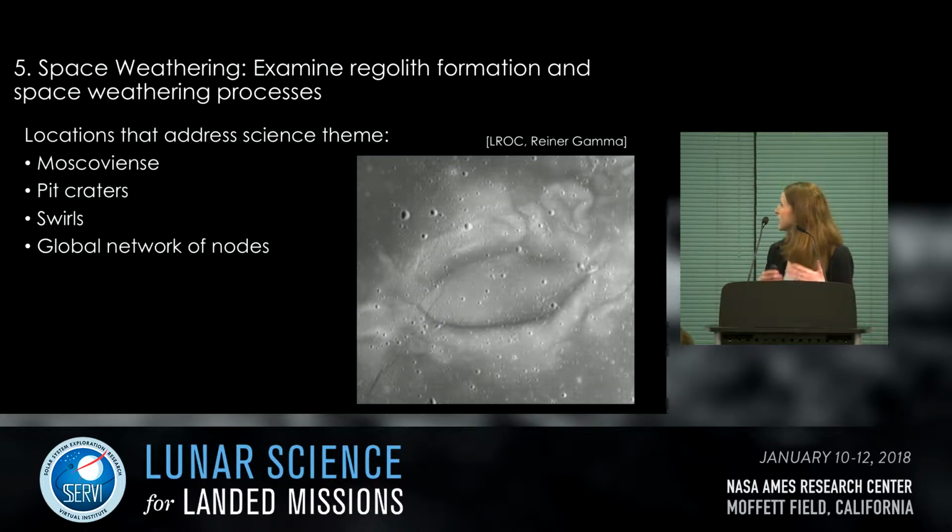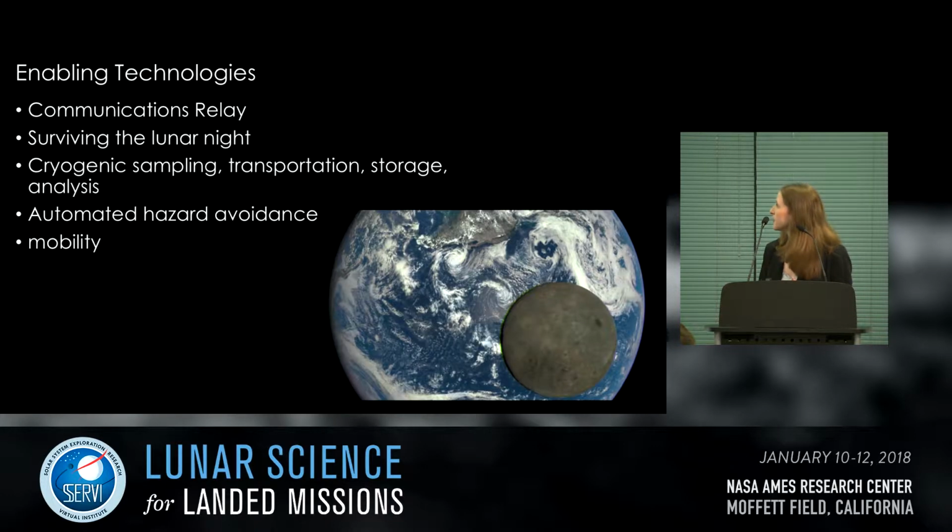And lastly, for space weathering, we heard that it was important to examine the regolith formation and space weathering process. Places important to visit for this topic were things such as pit craters, of course the swirls to see the magnetic anomalies, and just getting a global picture of the regolith.